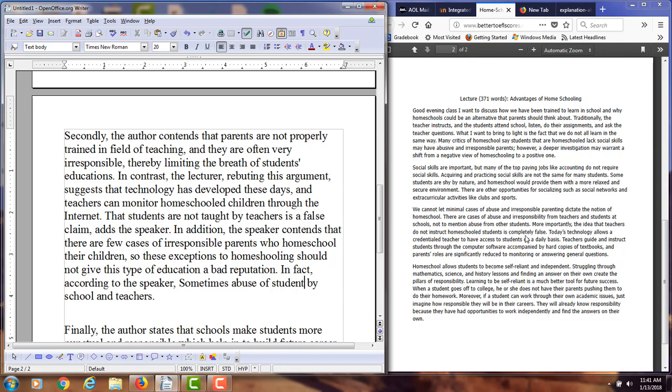So it's saying you can see sometimes abuse of students can occur at traditional schools, by teachers and students.